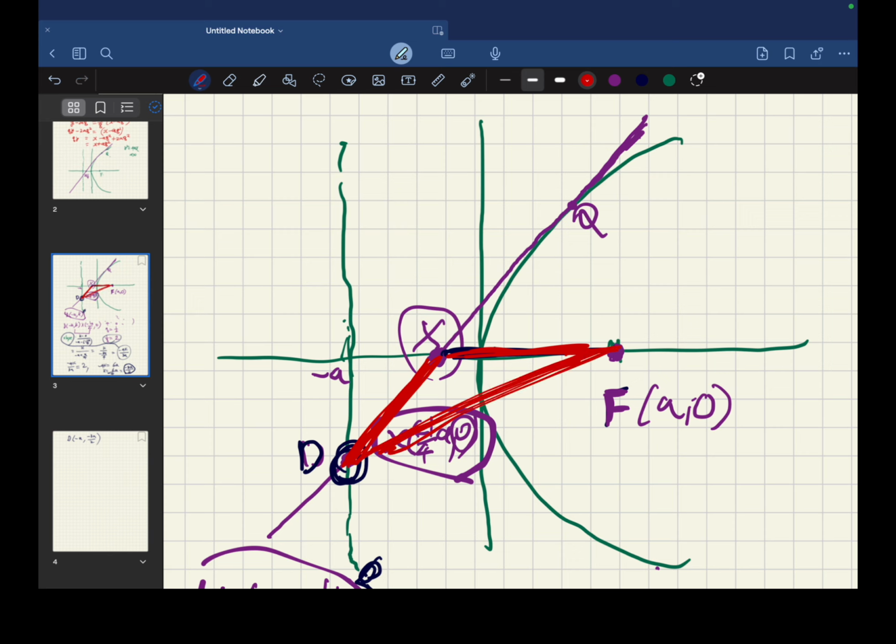Find the area of this triangle FXD. How can you find this?